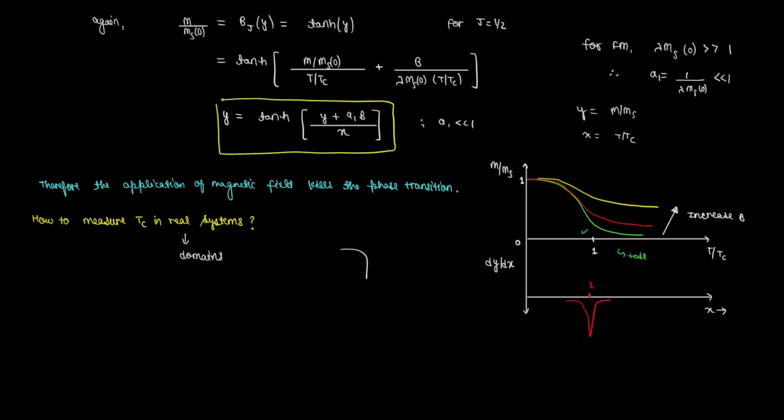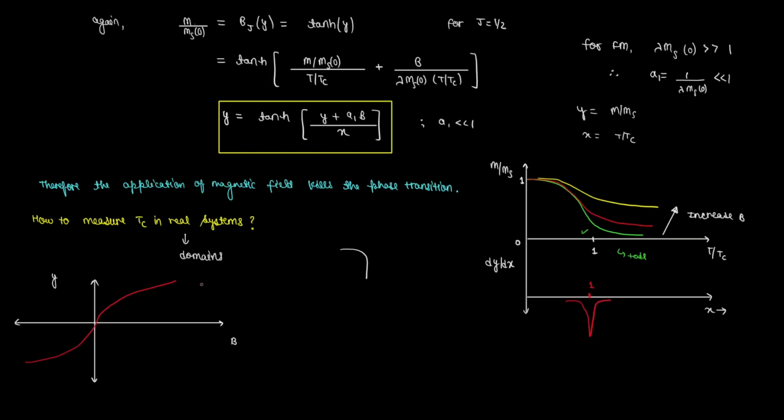Also, if you plot this equation as a function of magnetic field, you will get a curve like this, which mimics a cube root function. So you will see that y is proportional to B raised to the power 1/3. Now as y was proportional to lambda M plus B, and since lambda M is much larger than the external magnetic field, y will be proportional to the magnetization.